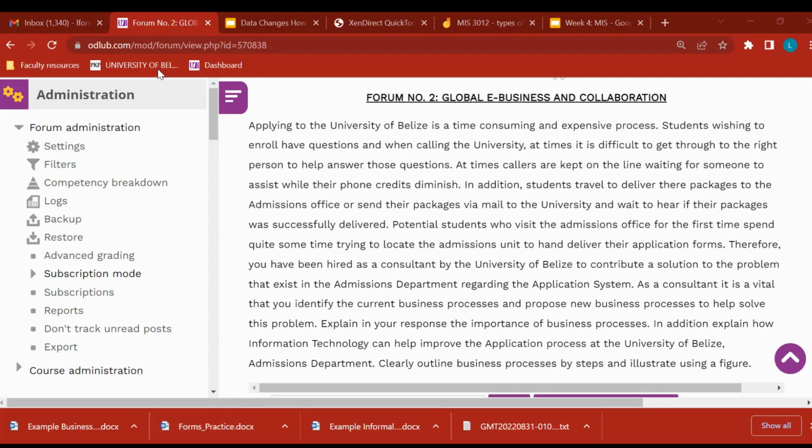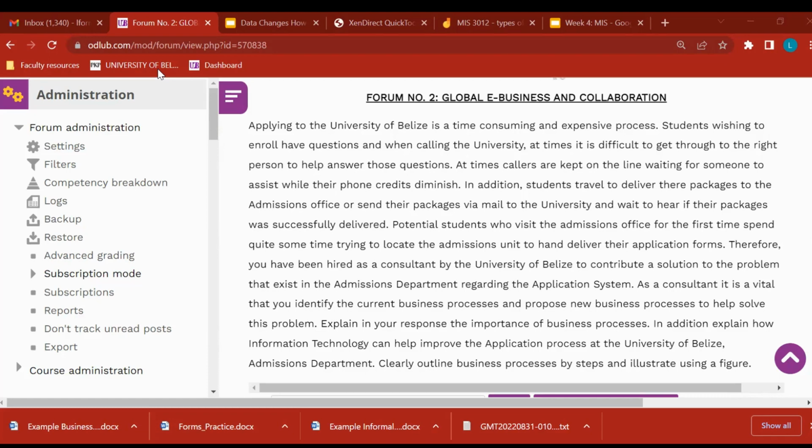Therefore, you have been hired as a consultant by the University of Belize to contribute a solution to the problem that exists in the admissions department regarding the application system. As a consultant, it is vital that you identify the current business processes and propose new business processes to help solve this problem.